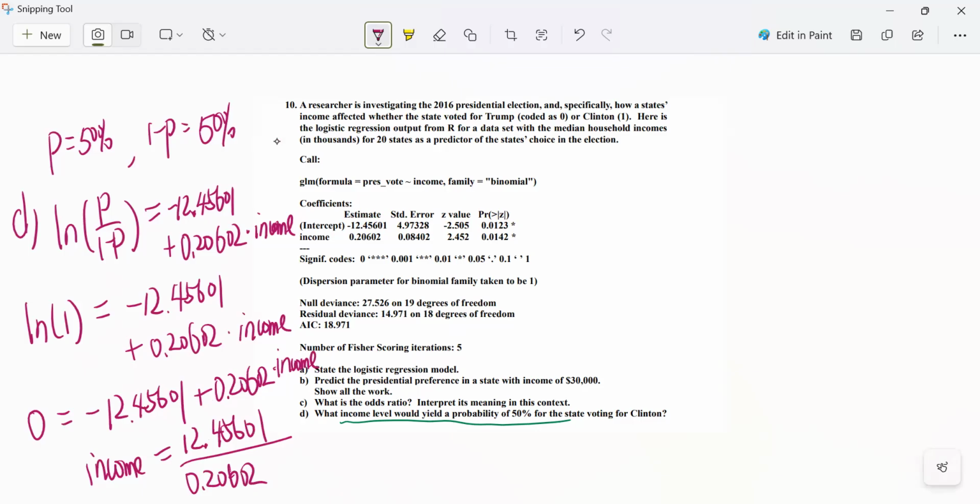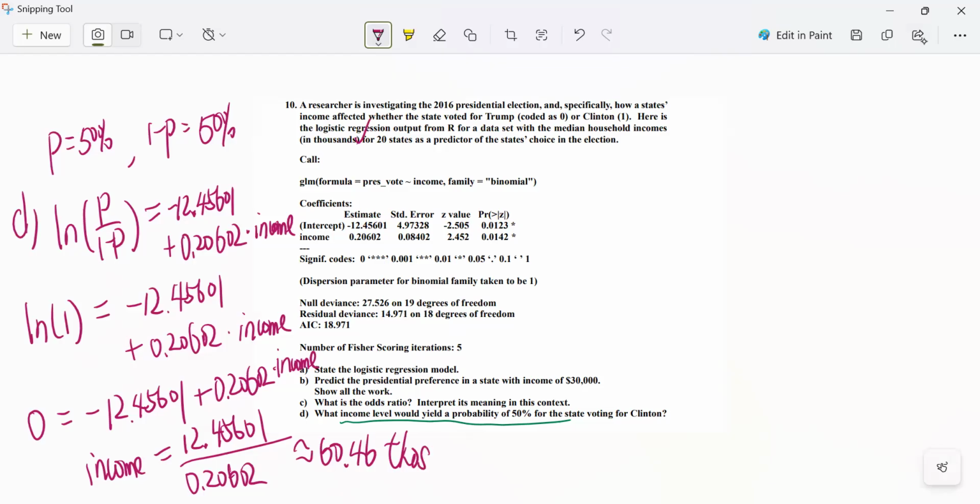If income is above 60K, their preference would be Clinton. But if it's below 60K, we get an exact number: 12.45601 over 0.20602. It turned out to be 60.46. But this is 60.46 thousands because the unit is thousands.